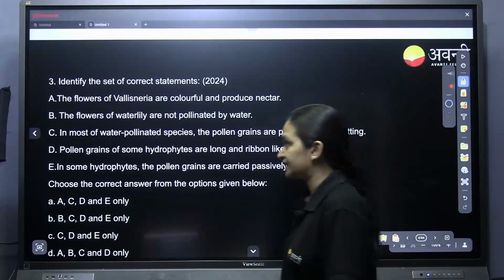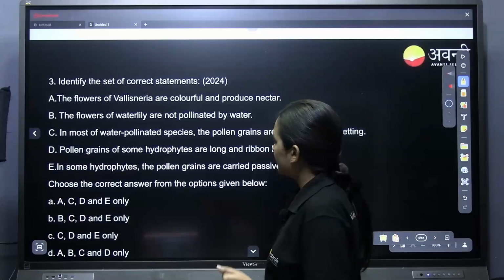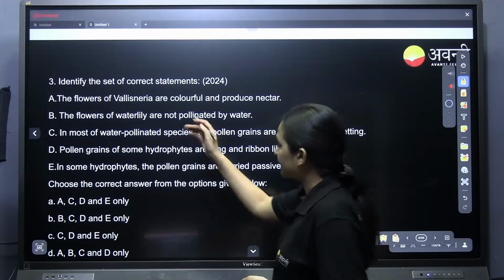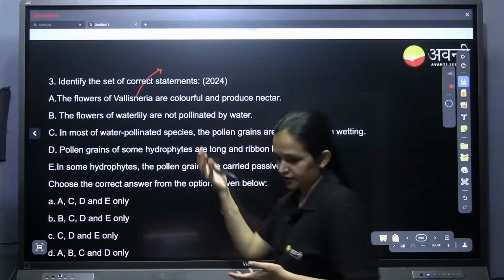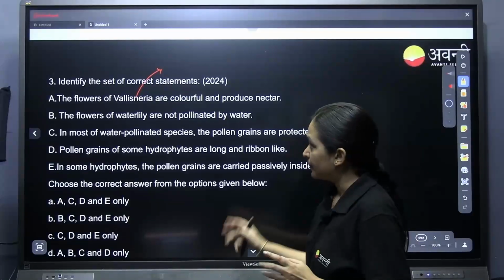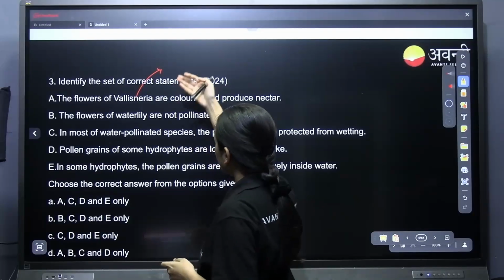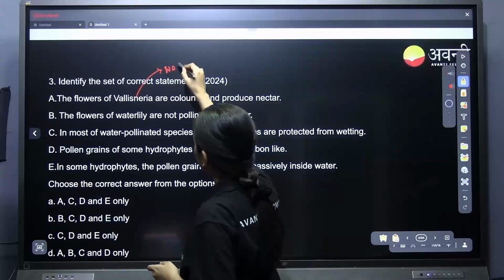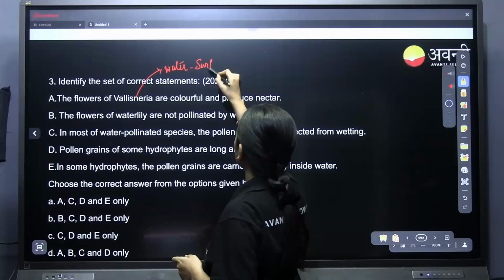Identify the set of correct statements. The flowers of Vallisneria are colorful and produce nectar. Is it so? Vallisneria is a hydrophyte which lives in water. So what is the pollinating agent here? In Vallisneria it is water, and that is surface pollination.